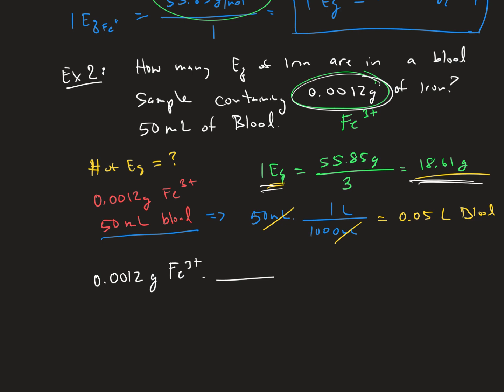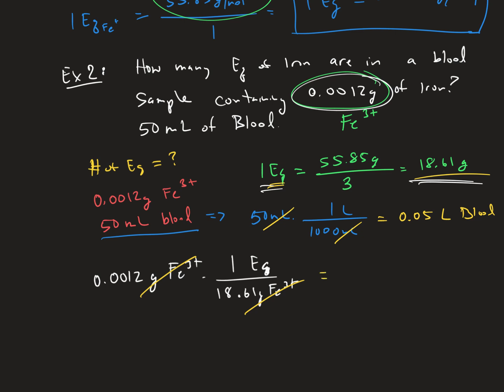So what goes on bottom, what goes on top? 18.61 grams of Fe3 plus on bottom, so they cancel, to 1 equivalent. So if the answers are in equivalents per milliliter, we could use milliliter. So to answer your question maybe a little bit better, Andrew, just look at what the question is asking.